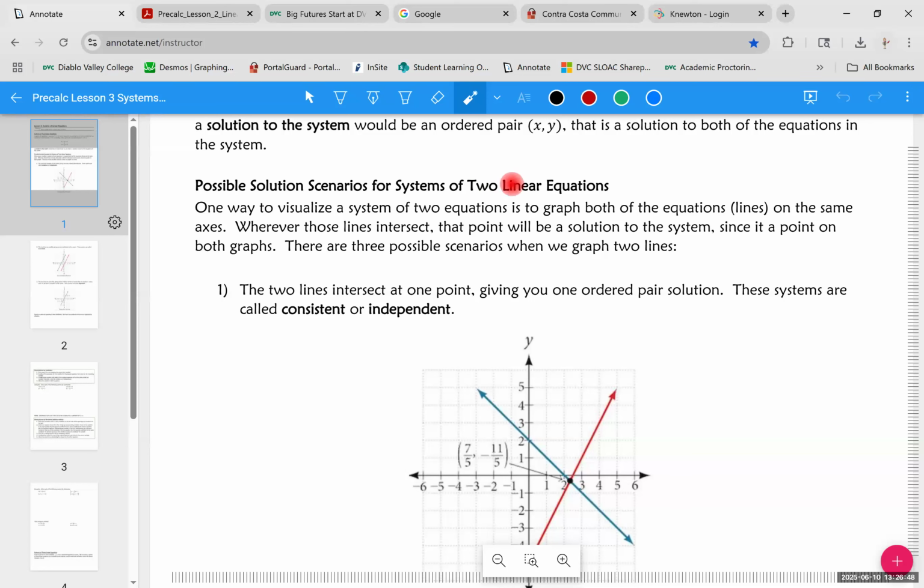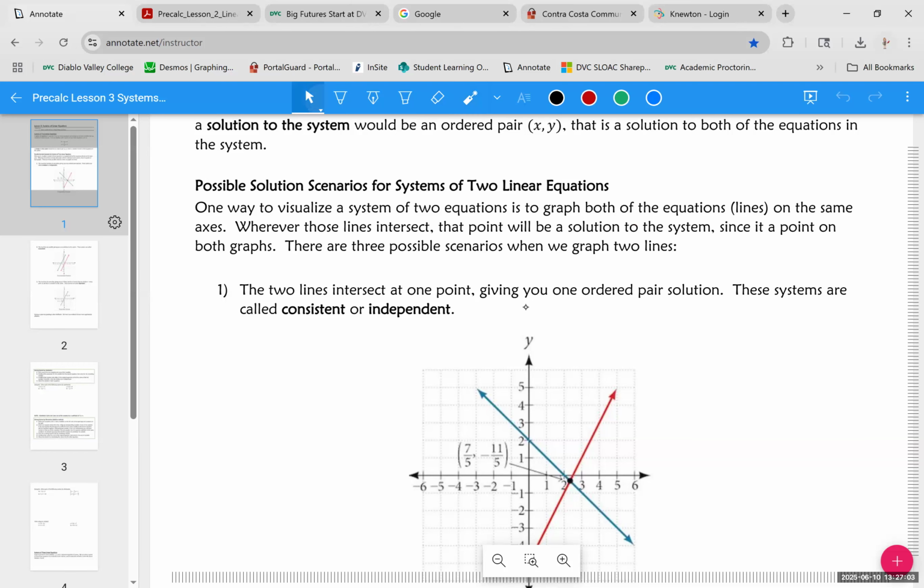So let's talk about a system of 2 linear equations. If they're both linear equations in x and y, that means when you graph them, they'll be lines. So if you were to graph both of the equations, then you would have 2 lines on the same set of axes.